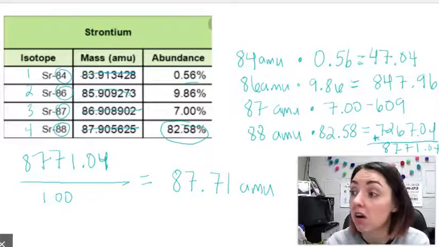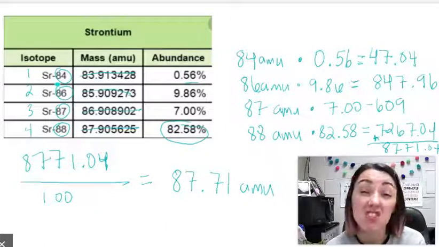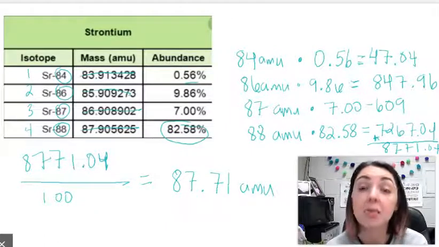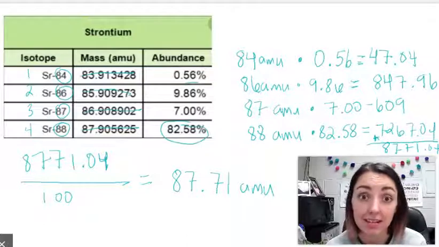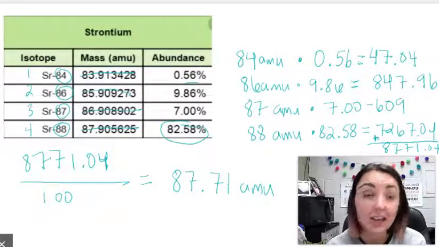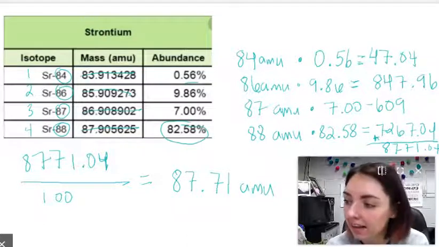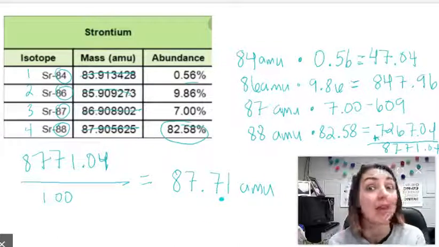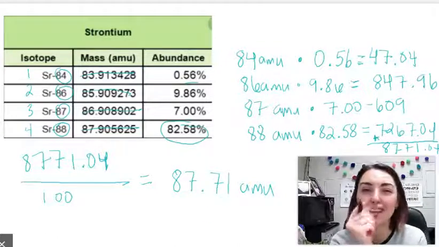But because all the other isotopes are slightly less than 88, our answer should be slightly less than 88. So close to 88, but a little bit smaller. And that's exactly what we have, 87.71.